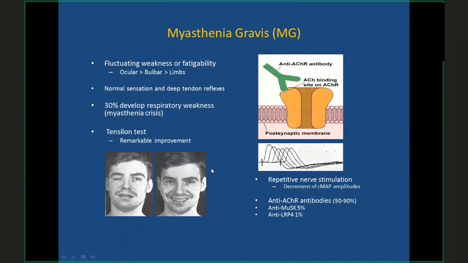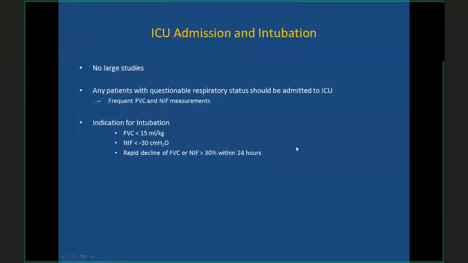That's for the diagnosis. For the ICU, there's no large study about ICU admission, but basically any patient with a questionable respiratory status should be admitted to the ICU for frequent FVC or NIF measurement, basically to monitor respiratory function.